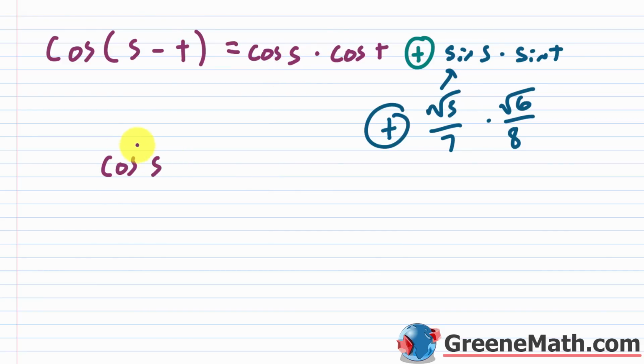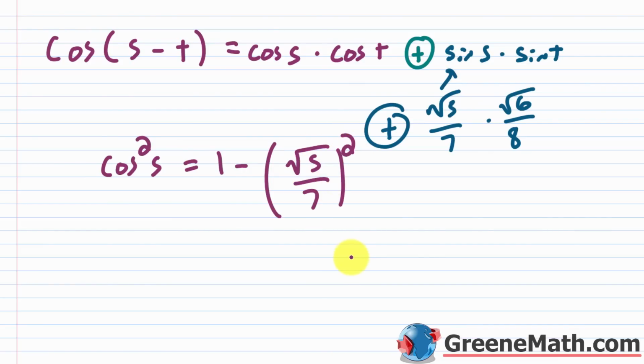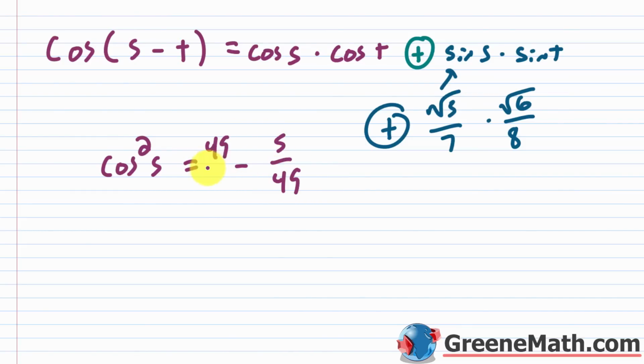So for the cosine of s, let's say that cosine squared s is equal to 1 minus sine squared s. And we know that the sine of s is the square root of 5 over 7. So we're going to square that. So that would be 5 over 49. And I'm going to write this as 49 over 49. 49 minus 5, that's going to be 44.